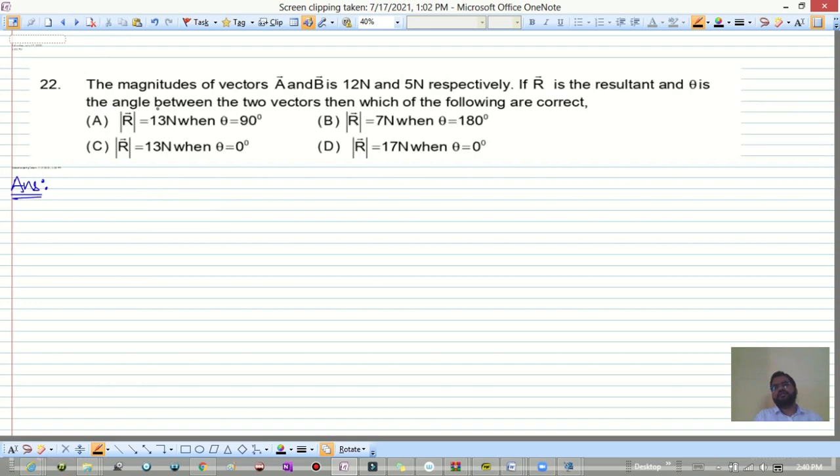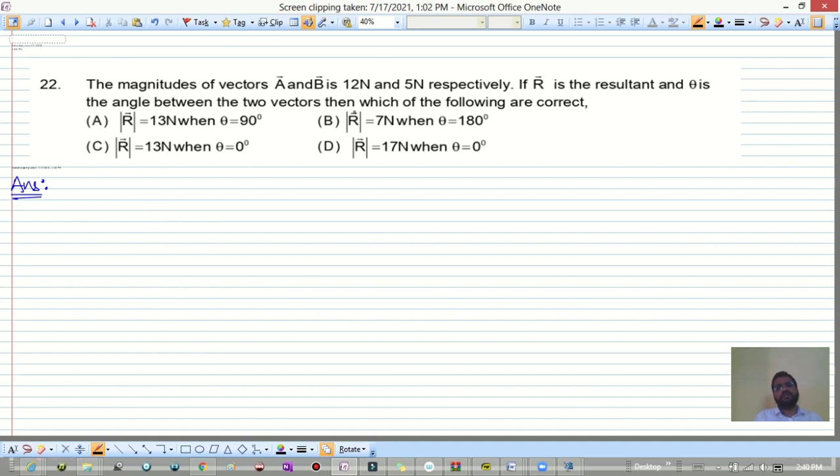The next question we have: the magnitudes of vectors A bar and B bar are 12 Newton and 5 Newton respectively. If R bar is the resultant and theta is the angle between the two vectors, then which of the following are correct? R bar is 13 Newton when theta is equal to 90 degrees.